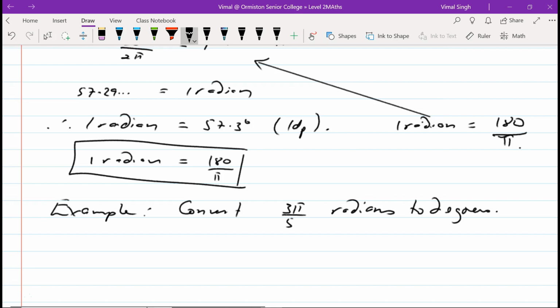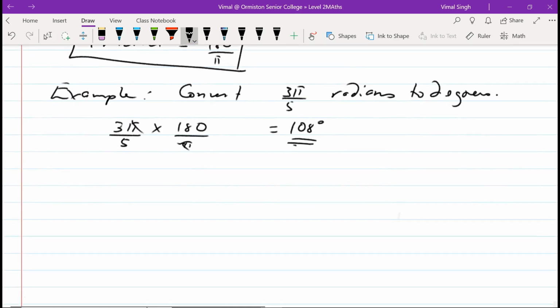So we'll go 3 pi over 5 times 180 divided by pi, and that is going to be equal to 108 degrees. So that was just to show you how to convert from degrees to radians and radians to degrees.